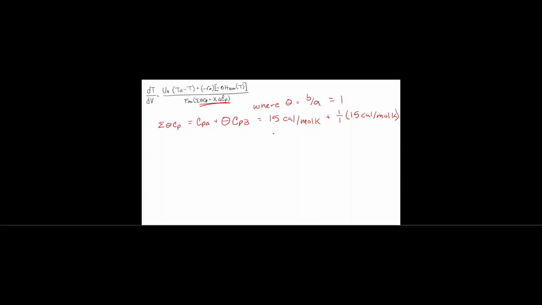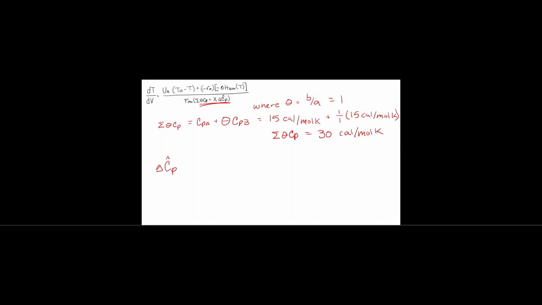So we end up with the sum of our theta Cp is equal to 30 calories per mole Kelvin. That's our final answer for that. And then X is our conversion, so that would be something that we would determine or would be given, but we're going to skip past that for right now and calculate our delta Cp hat.